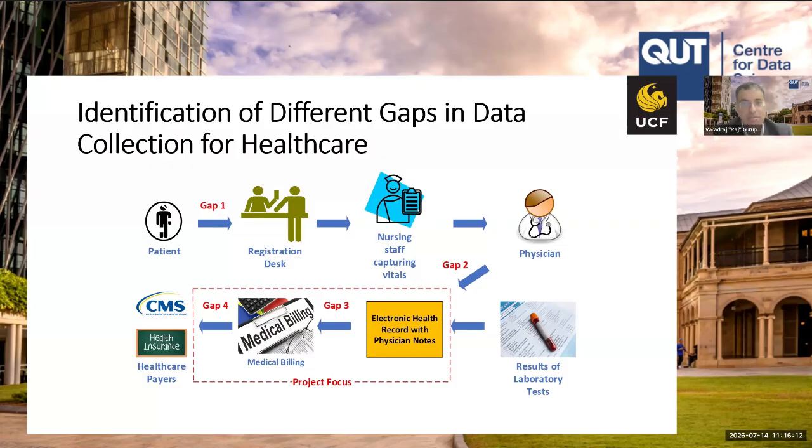Stuff like that. And then, once the patient is checked in, the patient is sent to the nursing staff who checks the patient for vitals like blood pressure, height, weight, and BMI, all that stuff. And then finally, the patient is sent to the physician room where the patient is seen by the physician. The physician might prescribe some lab tests, and the diagnostics information goes into the electronic health records.